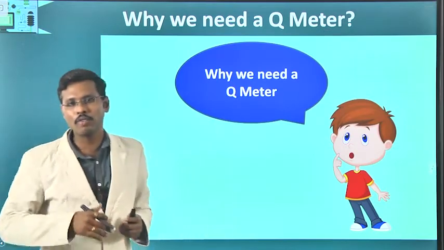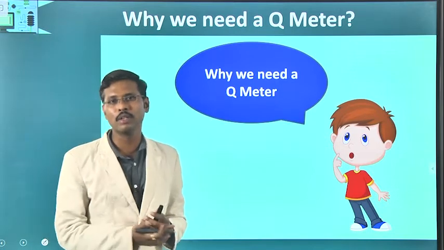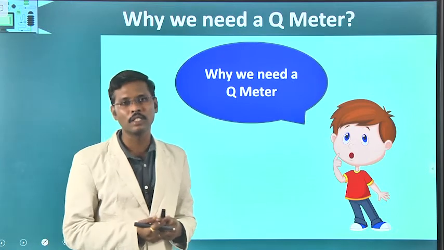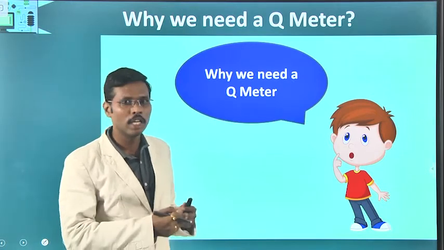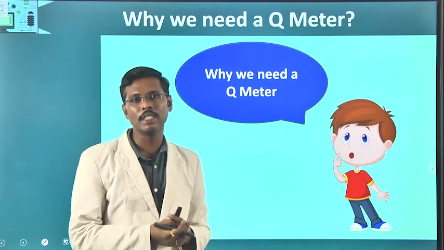Now, why do we need a Q meter? We have a lot of components used in measurement devices or electronic circuitry which are associated with internal resistances or capacitances. So it is essential to measure the quality factor or dissipation factor of these components and circuits.